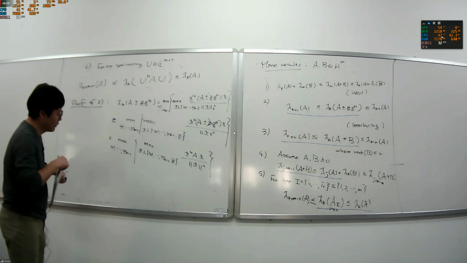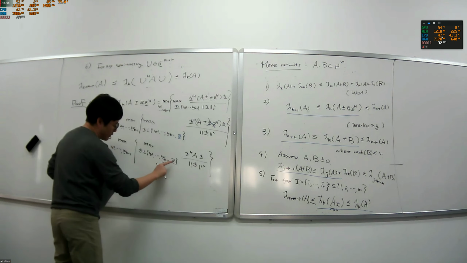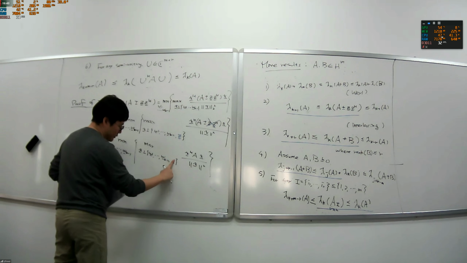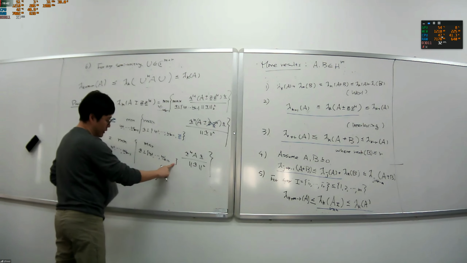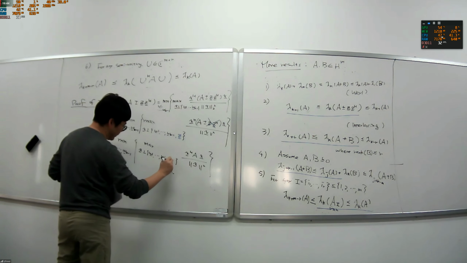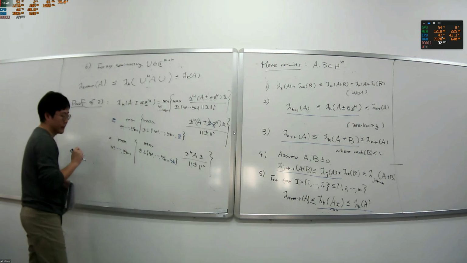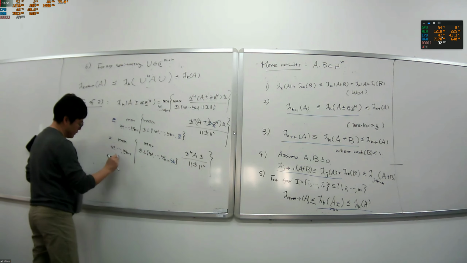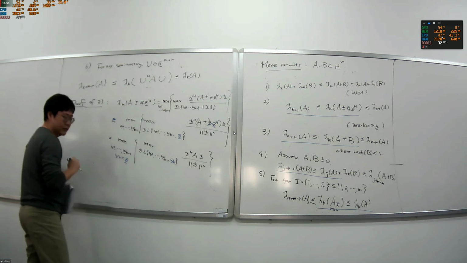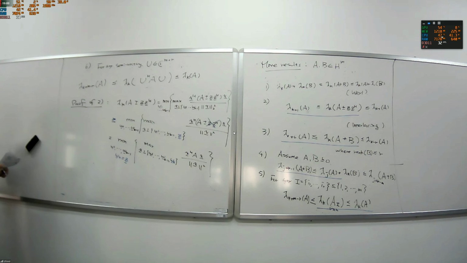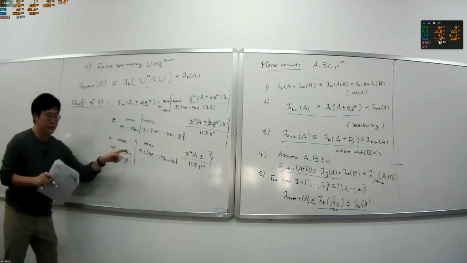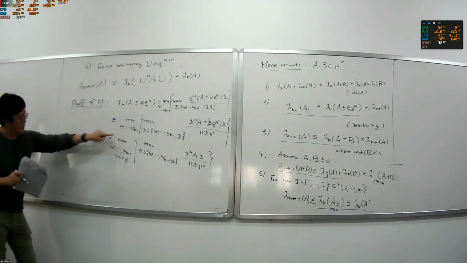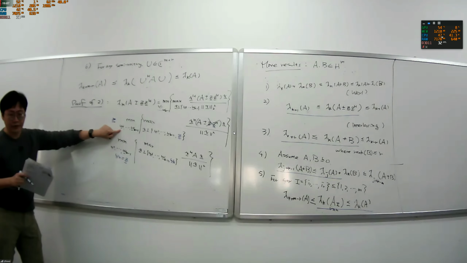Then I do a trick. Here I call this W_k and replace this Z by W_k. And now I add one more constraint outside, say W_k equals Z. This is the same as this, right?